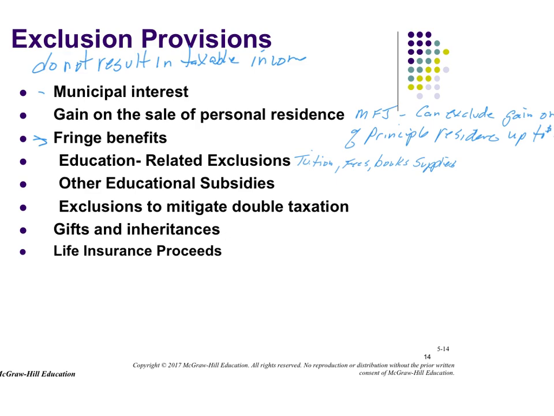And then there are exclusions that are designed to help limit double taxation, okay? And what is double taxation? Well, if that income has already been taxed once, then there are some exclusions to help eliminate that same income being taxed again. All right.